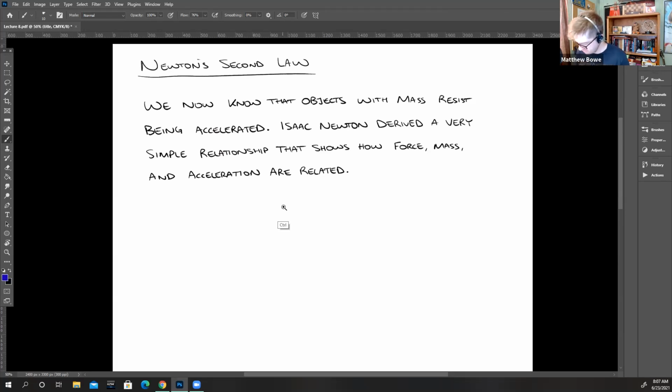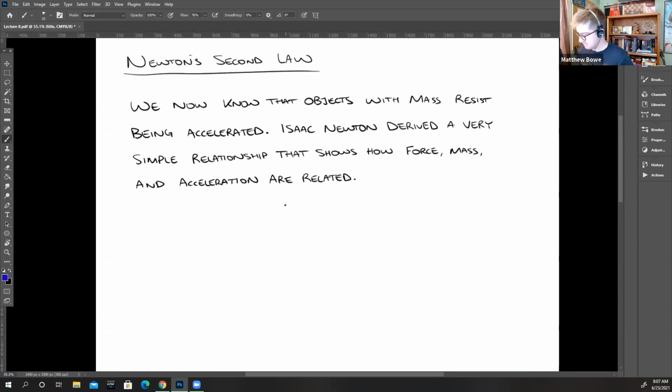So Newton's second law says that the force needed to accelerate an object, and I'm going to say F net, sometimes you see it as net, or you might see this as total.